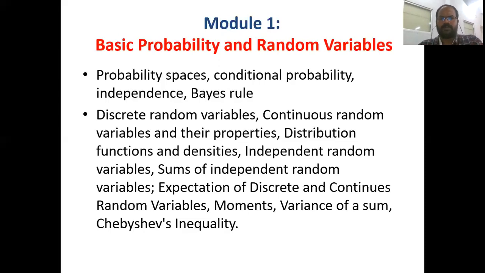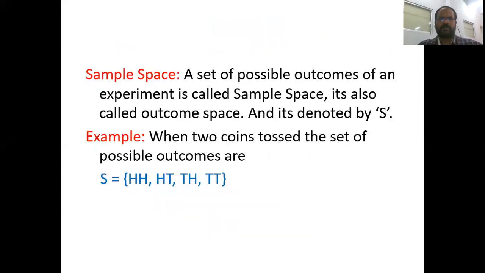And after that, I will go for the moments and variance, the sum of variances, and the Chebyshev theorem, and this entire first part comes under the basic probability and its properties. So we'll discuss it entirely in unit one. So first of all, I will go for the basic definition of probability.